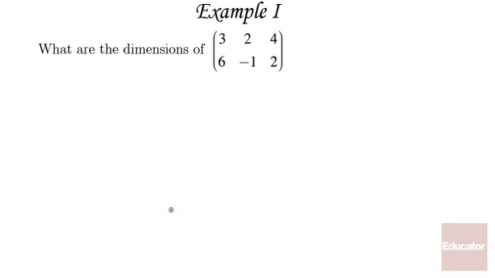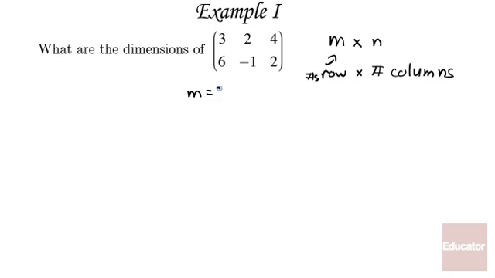Okay, doing some examples. First, we're asked, what are the dimensions of this matrix? And remember that when we do dimensions, we say m times n. So we look first at the number of rows, times the number of columns. So all I need to do is count the number of rows. That's 1, 2.